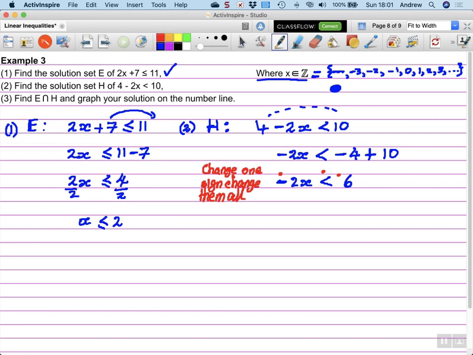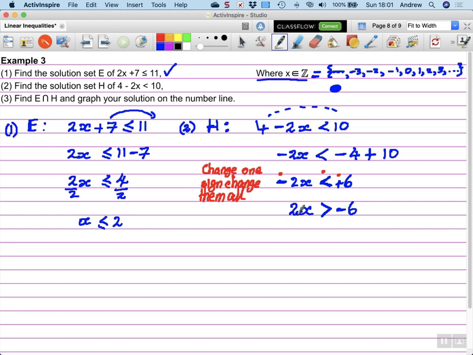So now what we have is we change the -2, becomes +2x. We change the less than symbol and it becomes the greater than symbol. We change the +6 and that becomes a -6.